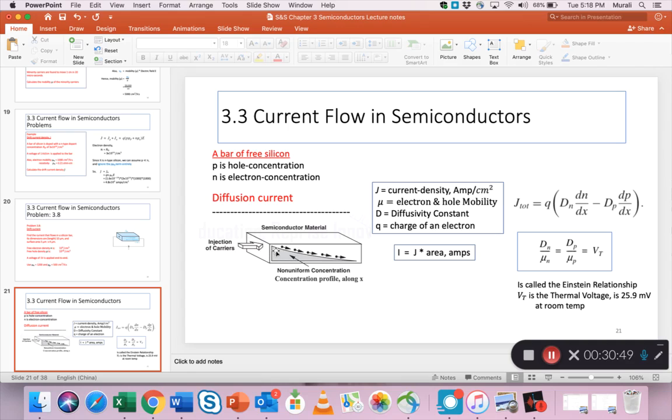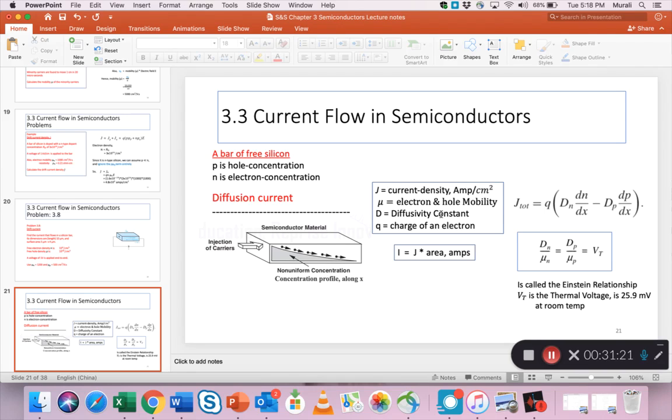For diffusion, we have this profile of the concentration of the carrier, either the N or the P, and you take the derivative of that profile. If it's a linear profile or an exponential profile, we take the derivative and plug that into the formula and solve for the current density for diffusion.